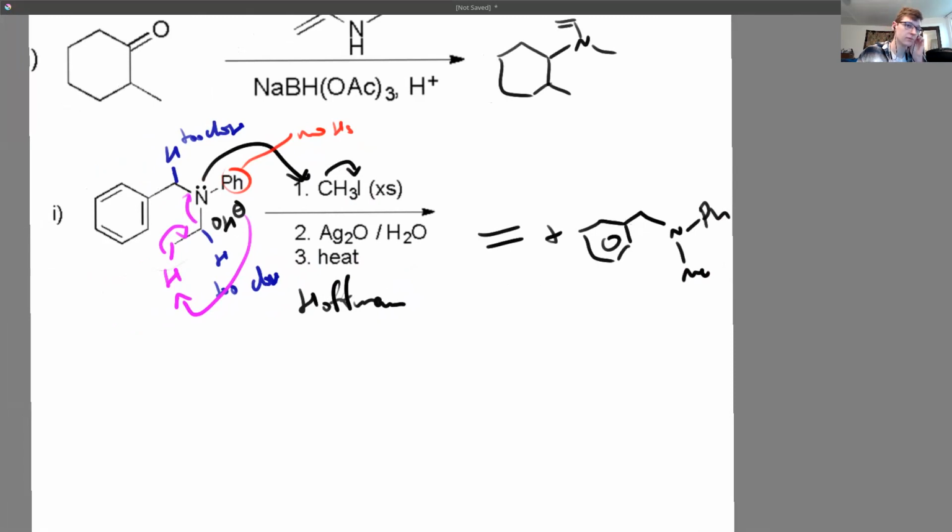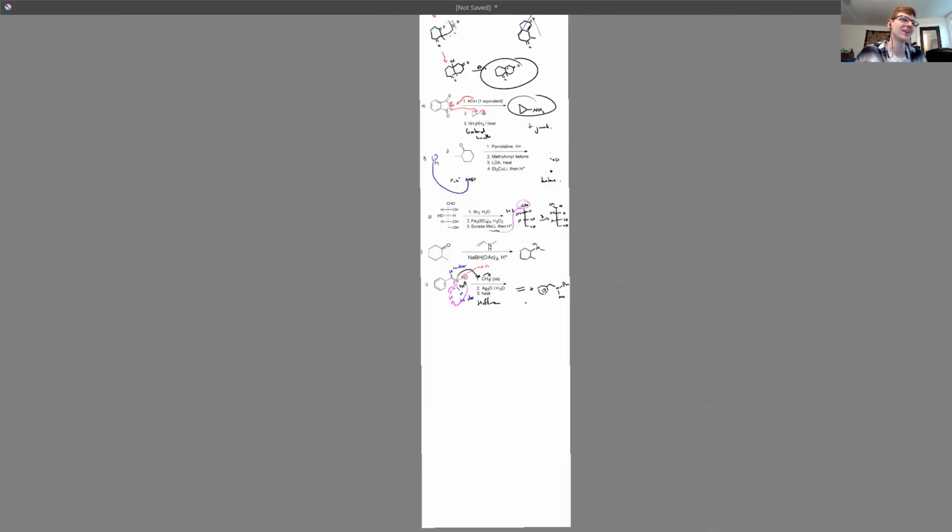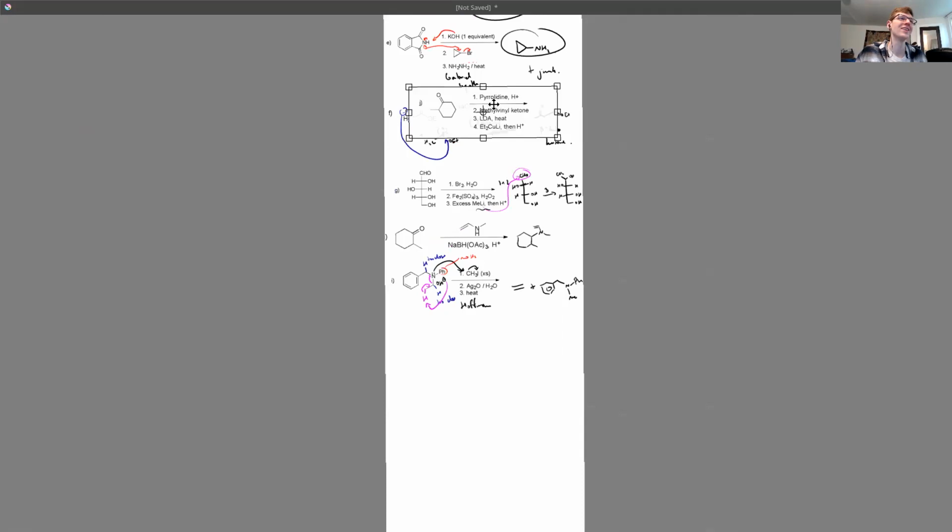For a Hofmann elimination, you have to use a beta hydrogen. You can't use an alpha hydrogen. Okay. I will remember that because I didn't before. Good. So this is it. I haven't done a Hofmann elimination in ages, so I'm glad it looks right. I also checked the answer key. It's right. So that's a plus.